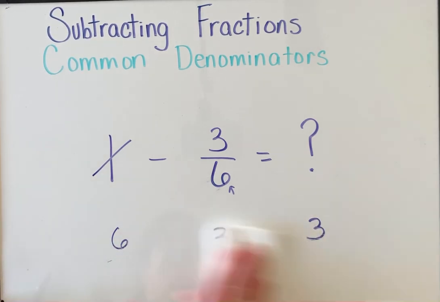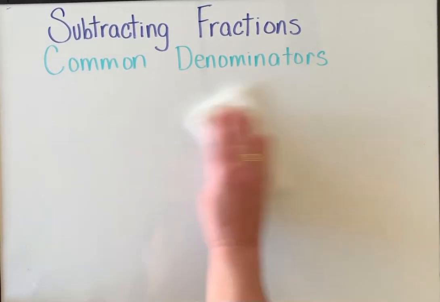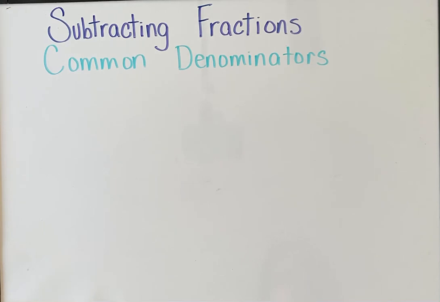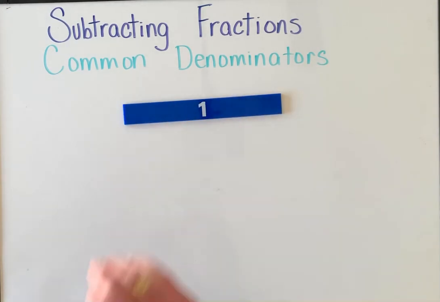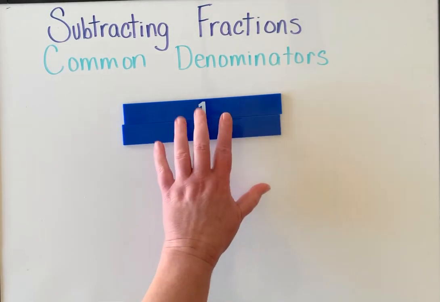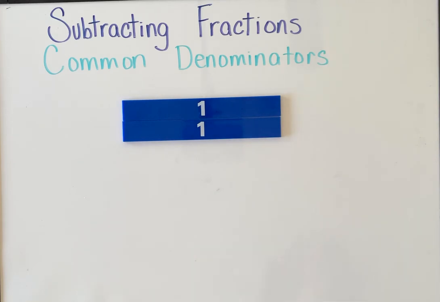So this time, let's take a whole, but instead of 1 whole, let's make it 2 whole pieces. So here is 2 wholes. So now I have 2.